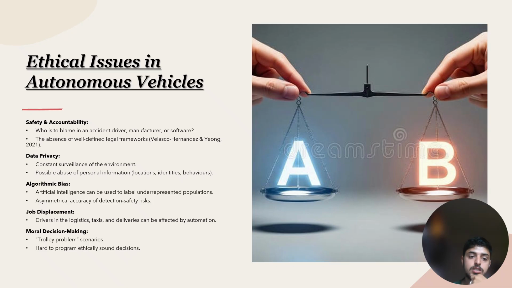Another thing is algorithm bias. Artificial intelligence can mislabel underrepresented population, causing asymmetric accuracy of detection and safety risks. And about the job displacement, taxi driver, logistic and delivery can be affected by autonomous vehicles. And moral decision making, trolley problem scenario, hard to program ethically sound decision. These are the ethical issues.